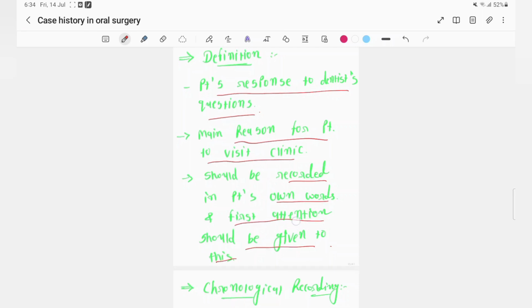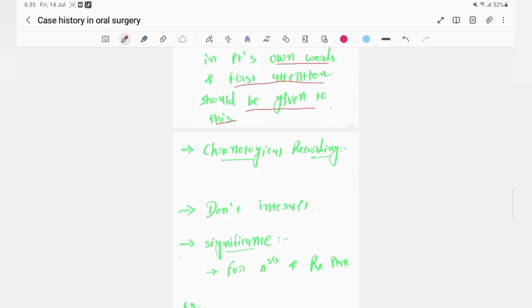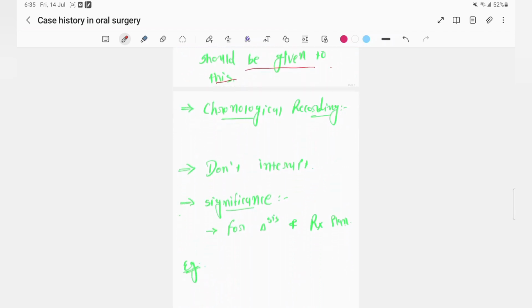Then it should be recorded chronologically, because we have to see from where this problem started and how it is going, right? And if the patient is giving you simultaneous complaints, then you have to describe them according to severity, okay?